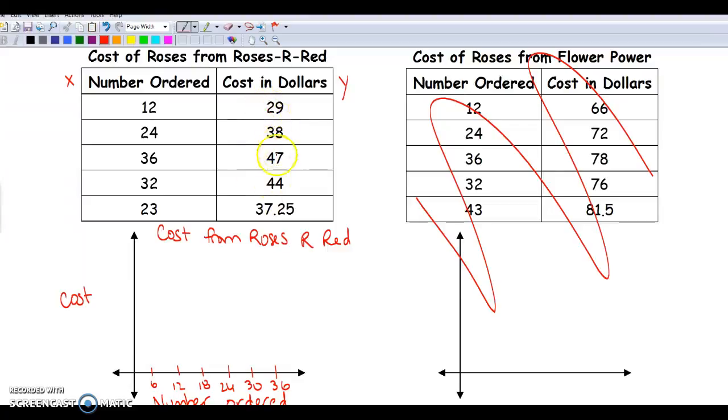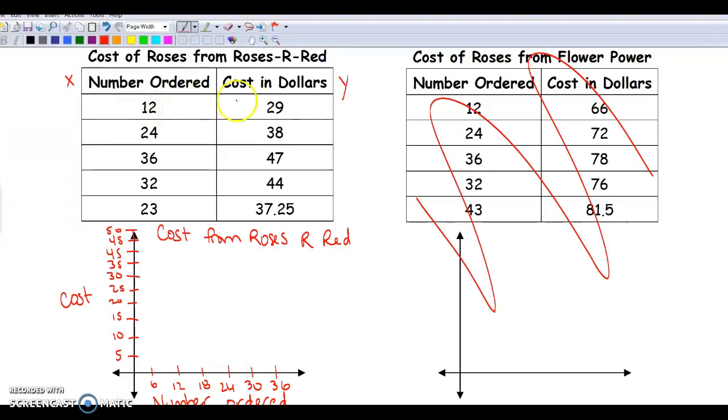It's kind of up to you how you want to do that one. I'm going to do maybe 5s. Pick something where you can fit everything on there. 15, 20, 25, 30, 35, 40, 45, a little off the grid there, but 50. So I'm going by 5s.